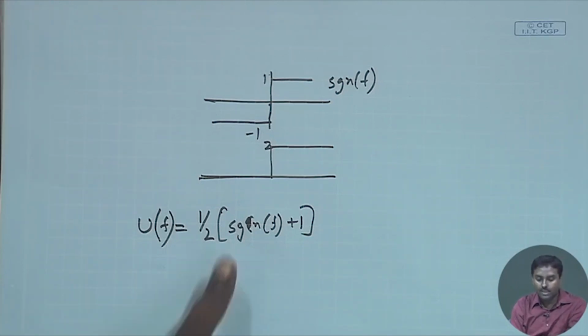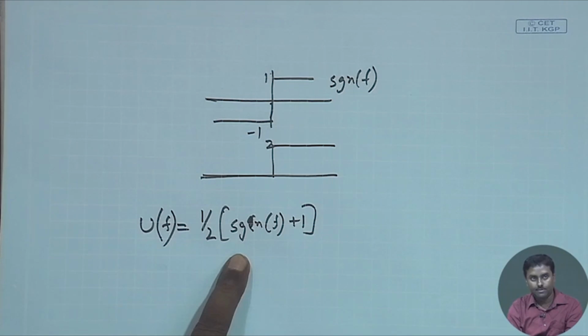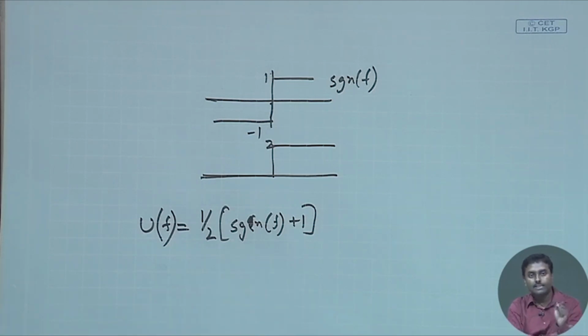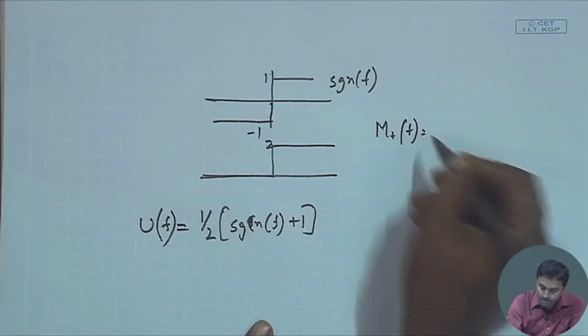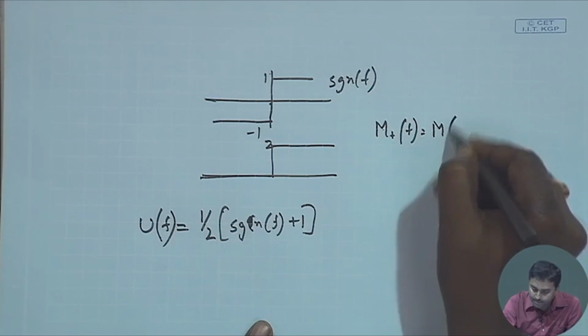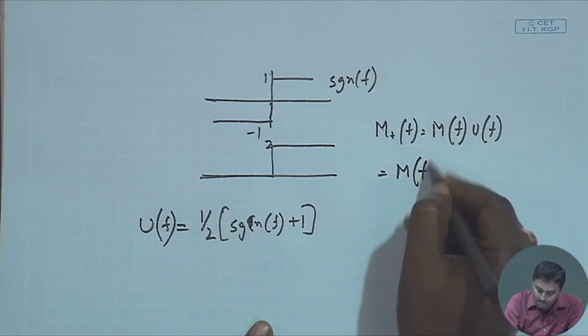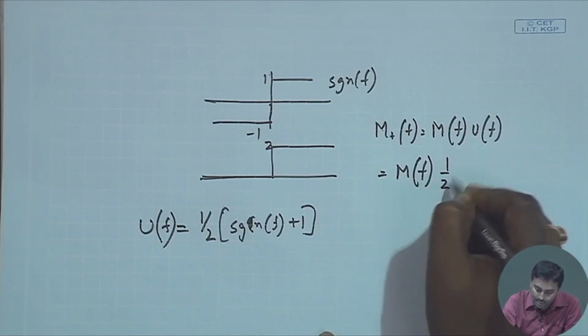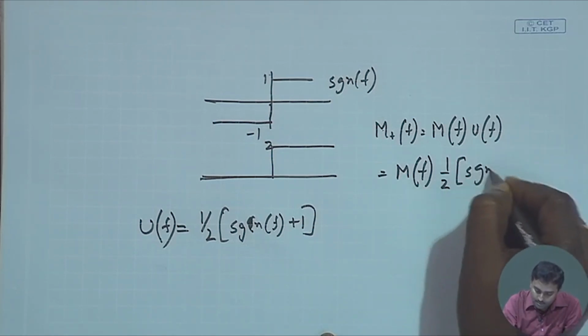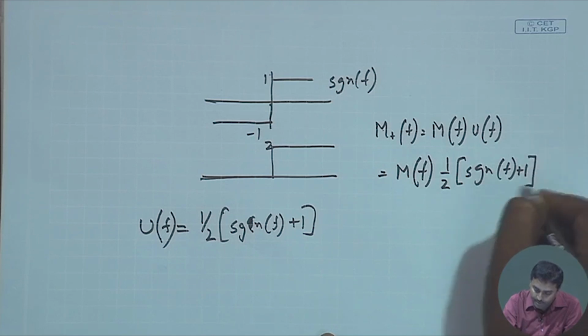So, UF I can write this way. Why am I doing this? Because I want to deliberately bring in that signum F, because I already know that j signum F, or minus j signum F, is the representation of the Hilbert transform. So, I am deliberately bringing it, okay. So, therefore, now I can write M plus F, which we have written as MF into UF, as MF into half, signum F plus 1, right.